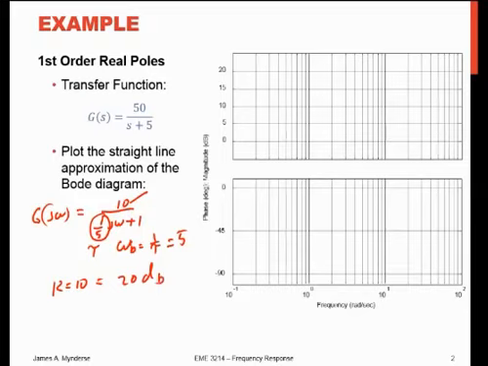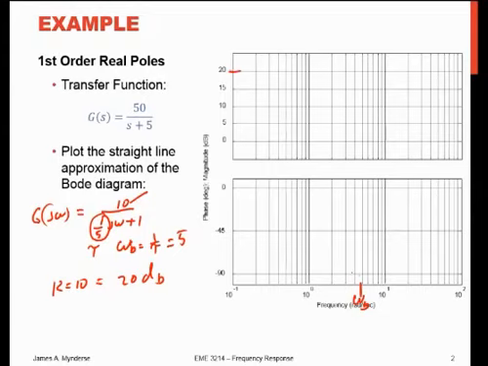Our rule for plotting is we start at our steady state point and draw a straight line. Let me put in my break frequency of 5: 1, 2, 3, 4, 5. That'll be here, omega b, and I will start here at the 20 dB point, because that's my steady state gain.